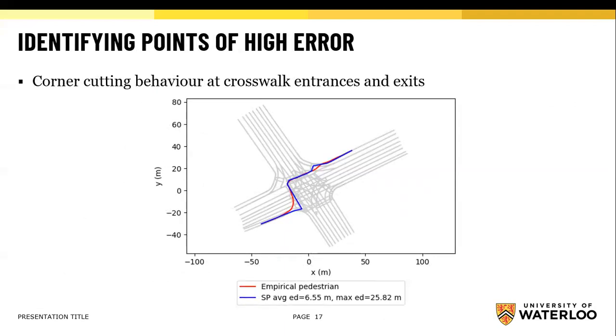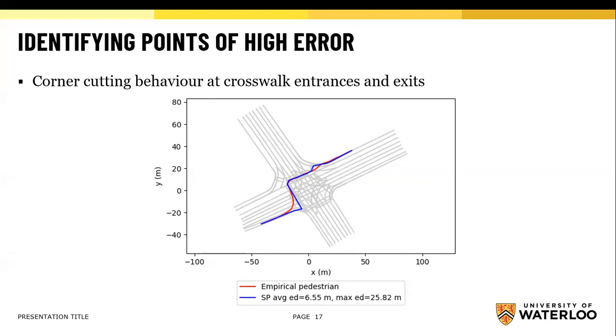So while those results were reasonable, we wanted to identify points of high error throughout the pedestrian's journey. And through observation, through multiple phases of evaluation, we noticed that most of the time, pedestrians in the real world employ this corner cutting behavior at crosswalk entrances and exits.